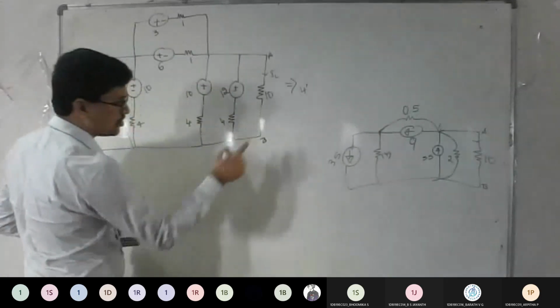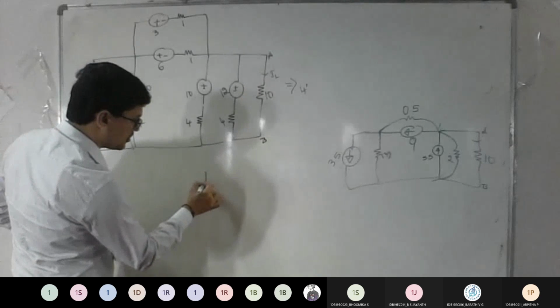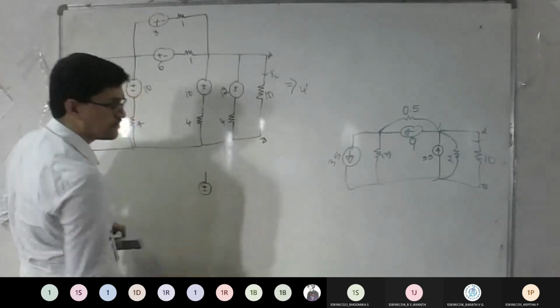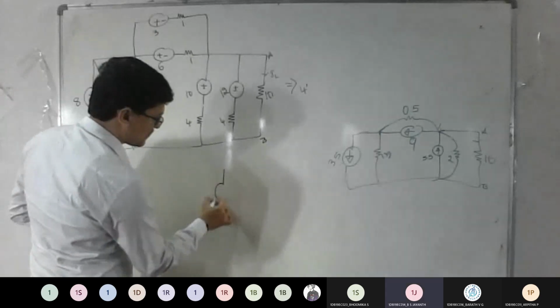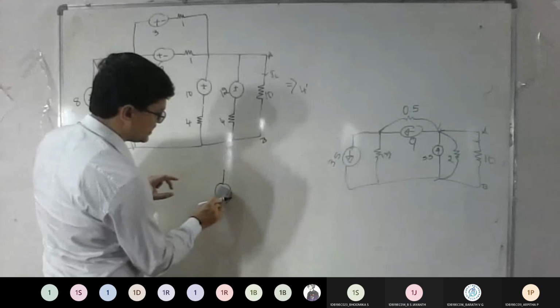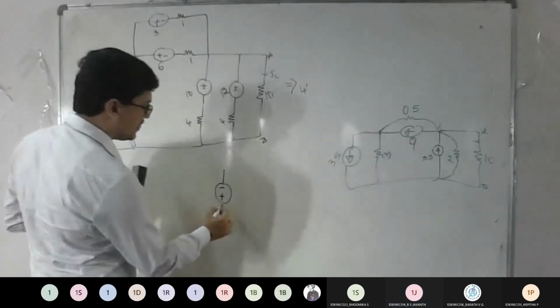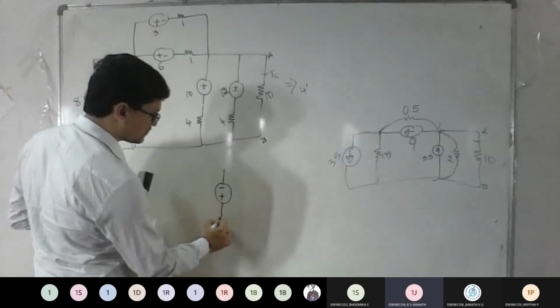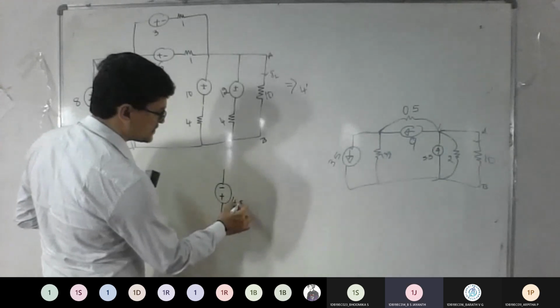So what is the equivalent of this? The arrow mark is pointing downwards. So similarly, the voltage should also be plus minus or minus plus. Minus plus, sir. Minus plus because the direction is downwards. So what is the value here? 4.655 volts, sir. 4.56.